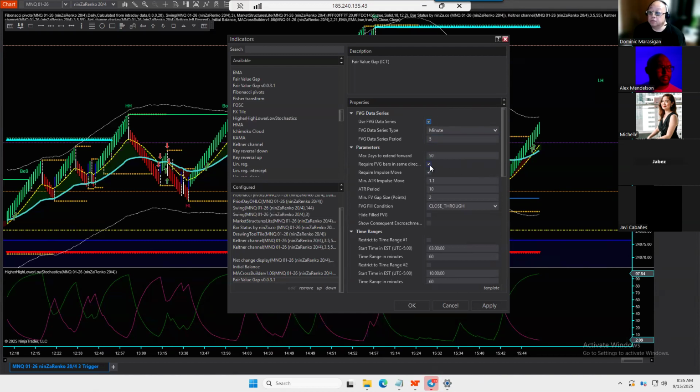This one requires impulse move. Let's say 7. I'll leave that there. This one is the middle. Just leave that right there. Okay, apply.